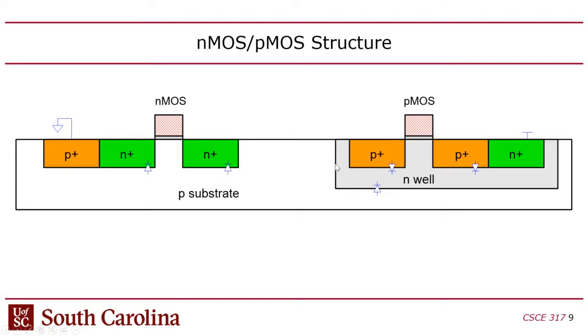But the PMOS has to have an N-type substrate. So they use this thing called a well, where you put a really big diffusion area that goes deeper, and that's your N well. Inside the N well, that serves as a little local substrate, where you can put P-type diffusion areas to create the source and drain.